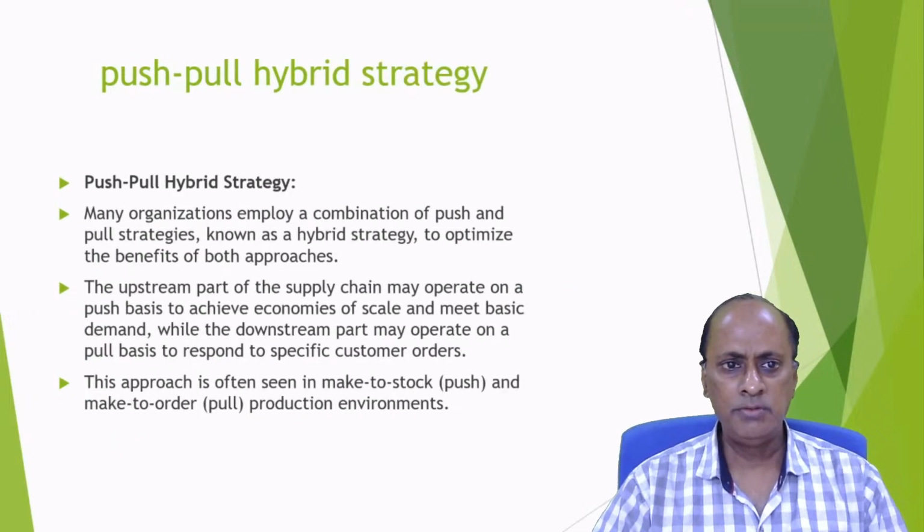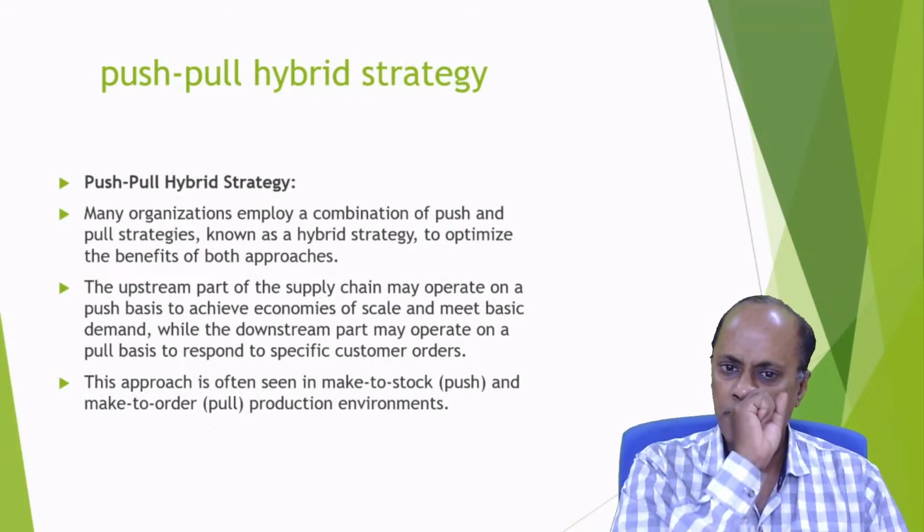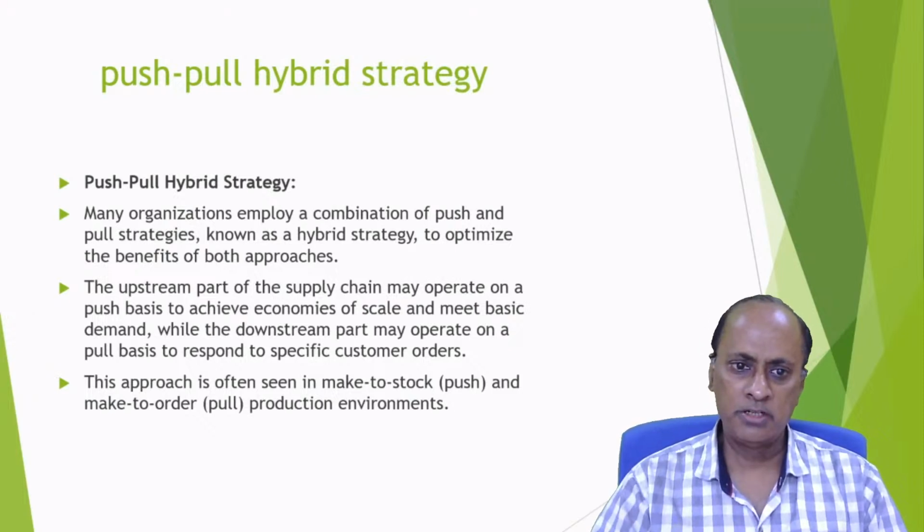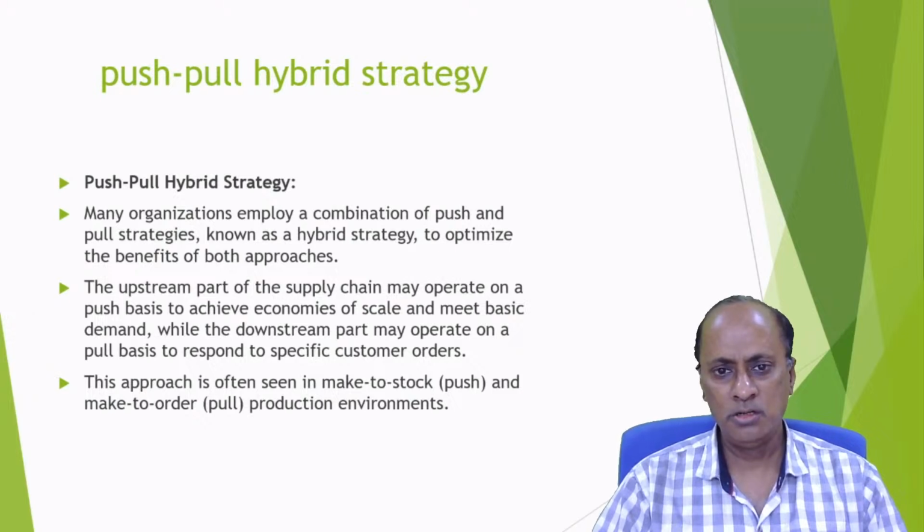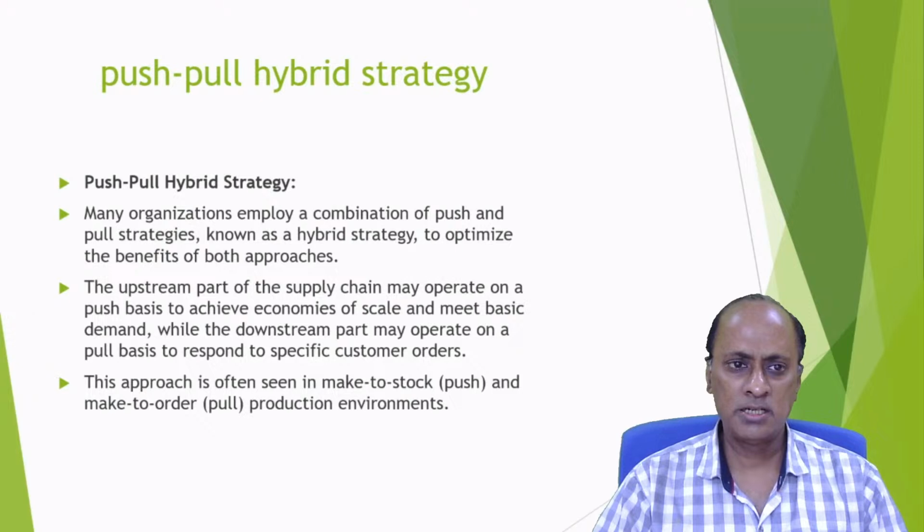Yes, sometimes we get a hybrid strategy. Many organizations employ combinations of push and pull strategy, known as hybrid strategy, to optimize the benefits of both approaches. As I told in my previous slides, push strategy has certain advantages, and pull strategy has certain advantages.